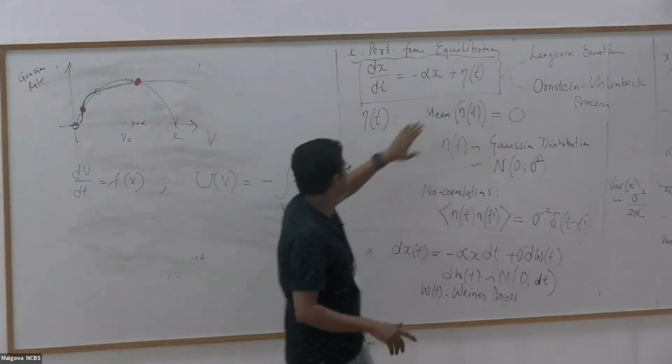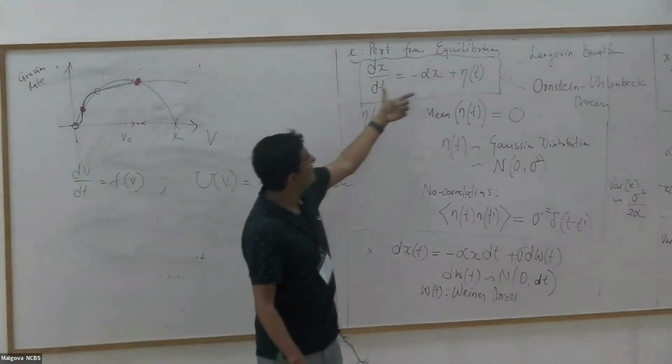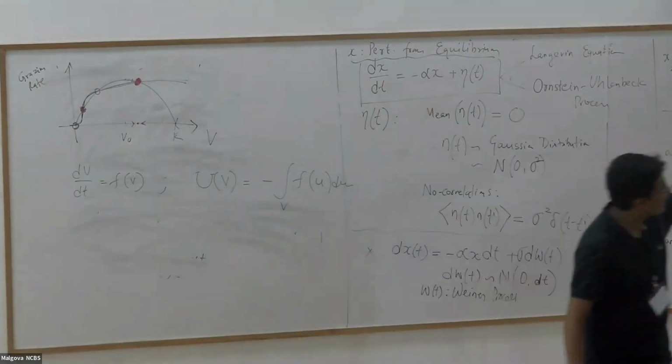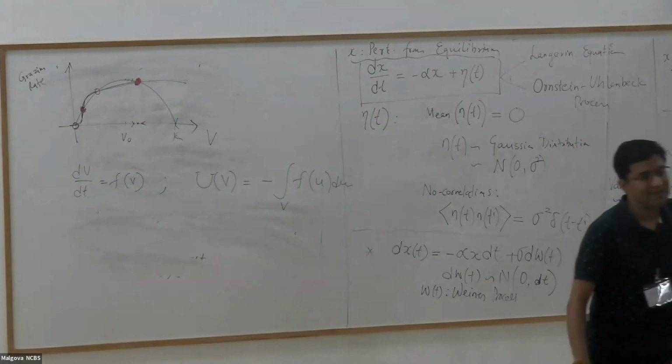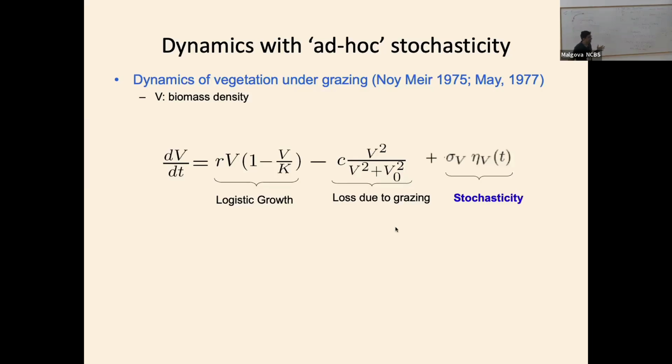In some sense, it's a bit of cheating because I started here, went near an equilibrium, and then added some stochasticity. So what I have now done is I am considering the entire dynamics and adding some stochasticity. What all do you think can happen when you add stochasticity to a system which has two stable states?